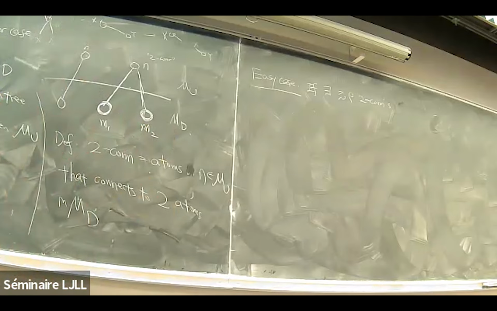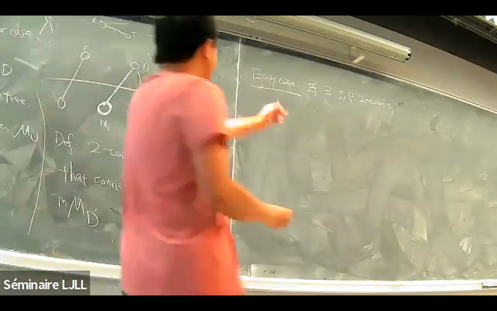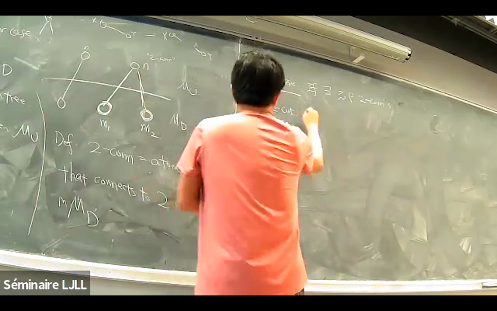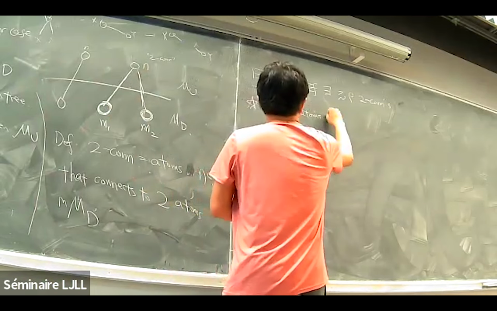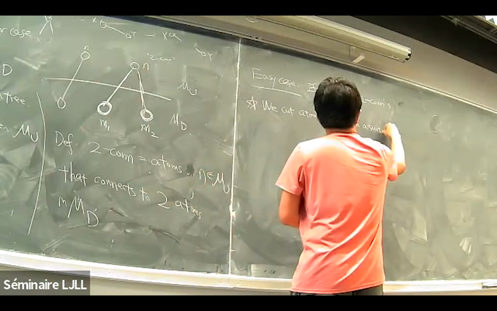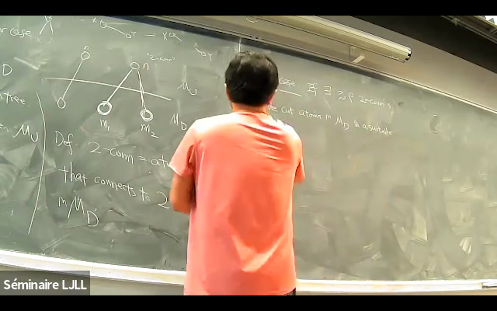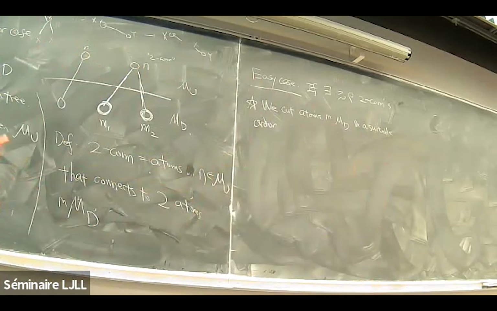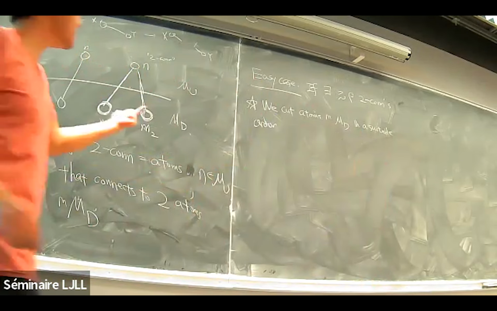M2. So basically, what we do in this case is cut atoms in MD in a suitable order. There is some order we need to choose, but this is not extremely important.